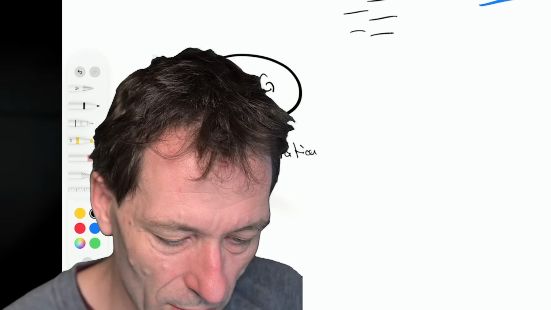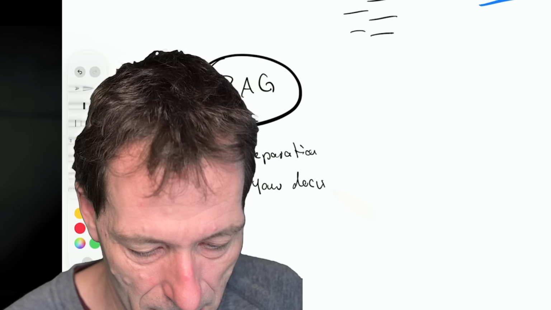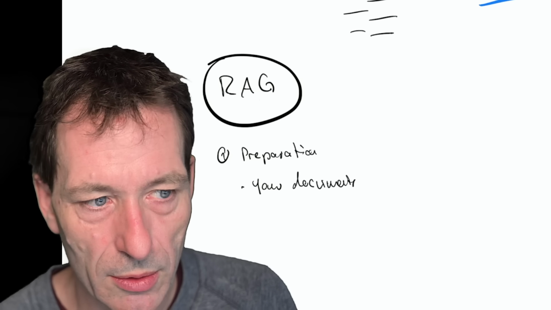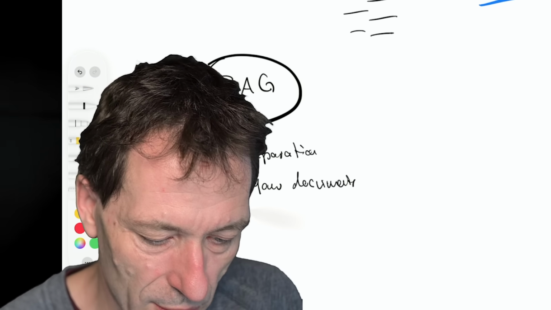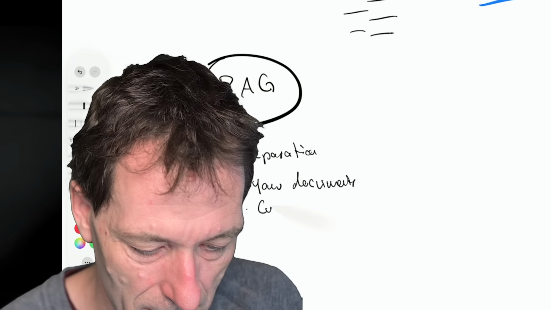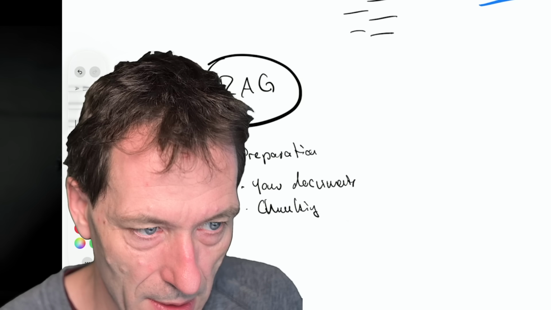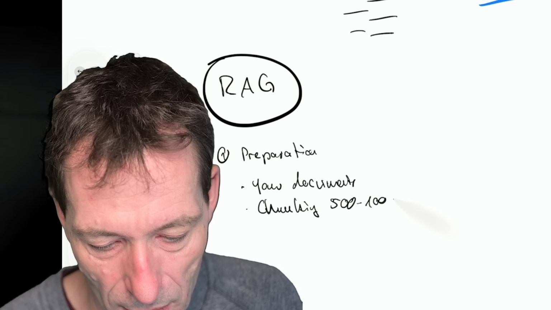So first we have preparation. Preparation means your documents, PDF, Word, Wiki, you name it, are then chunked into 500 to 1,000 tokens.